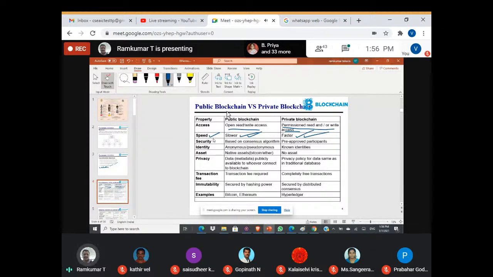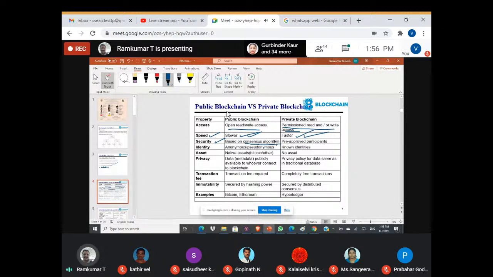And when I'm talking about the security concern, how is security provided in the public blockchain? By means of the consensus algorithm. I think you already understood about POW, proof of work, and proof of stake algorithms. You might have discussed that.